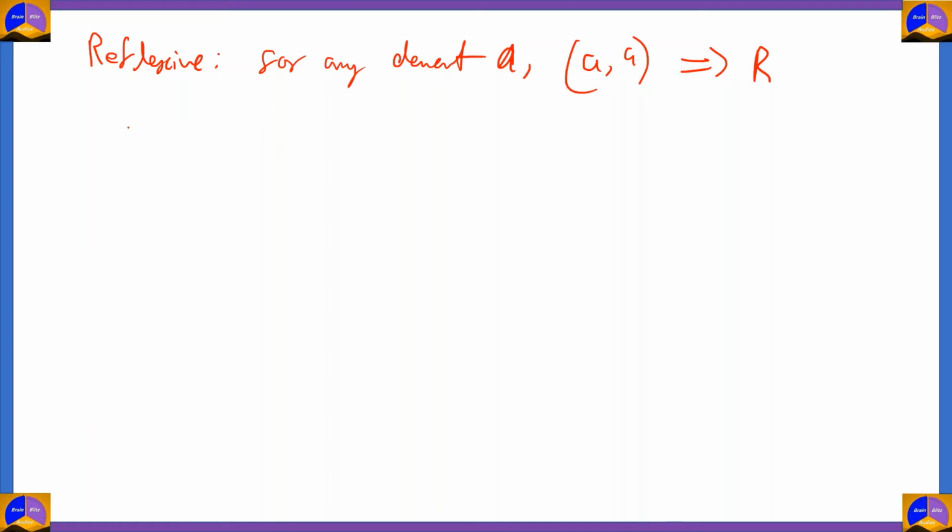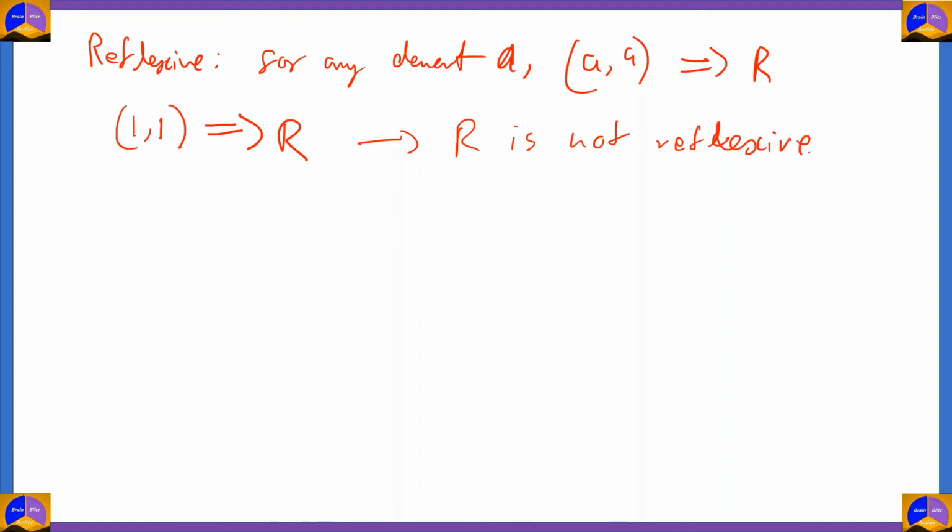So we can write that 1 comma 1 does not belong to R for an element 1 in the domain. Therefore, R is not reflexive. By this point, you would know that R is not an equivalence relation, but since this is a subjective question, we need to find out the condition of the other properties.